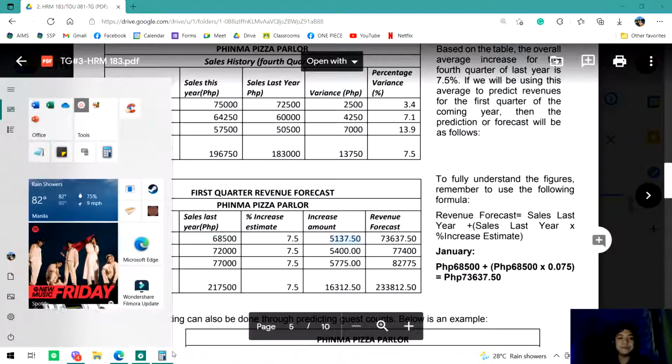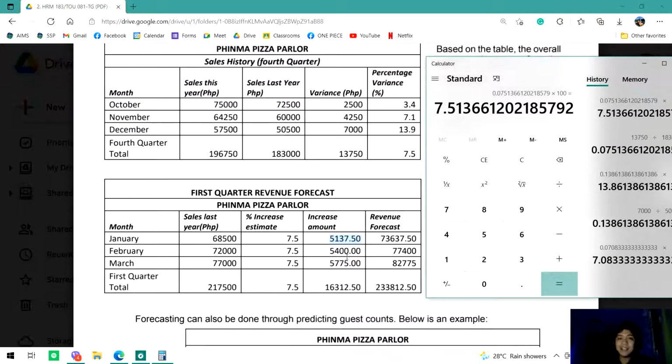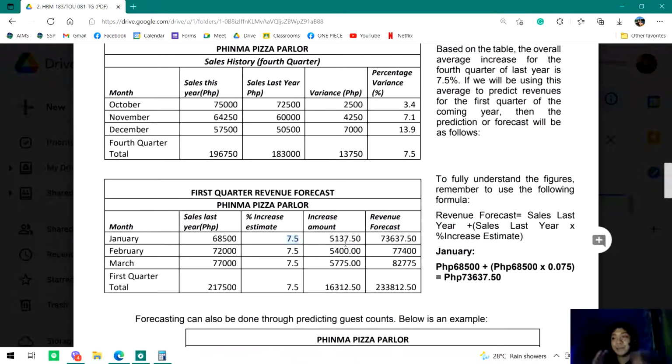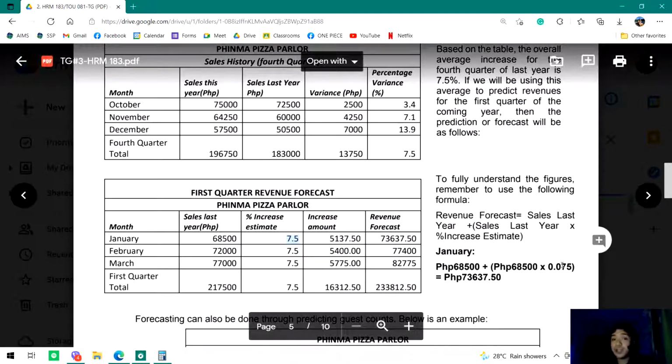So, tingnan natin. Tatandaan nyo rin pala, this figure is in percentage. This is 7.5%. If you want to use 7.5% for your computation, dapat ang kukunin mo is yung raw amount niya, or yung 0.075 before multiplying by 100, before getting the percentage mismo. Yung raw amount niya, yung kailangan mong gamitin sa computation.